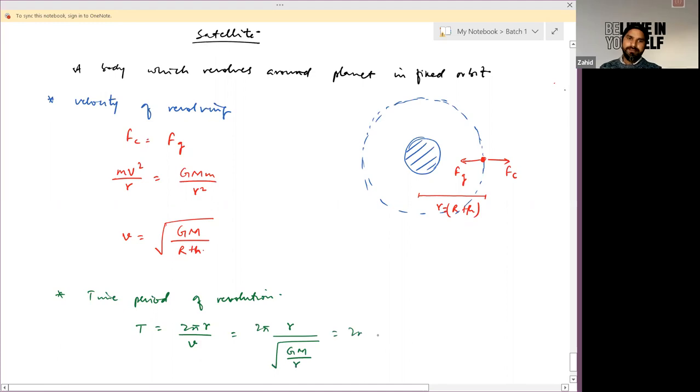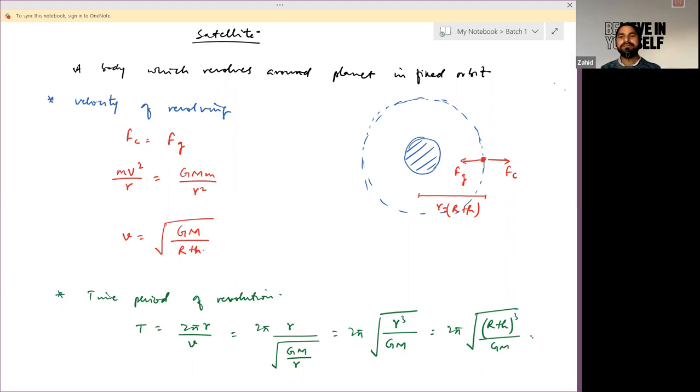So you will write root under r cubed divided by GM, or R plus h to the power 3 by GM. Is it clear? Hiba, any doubt? No, sir.